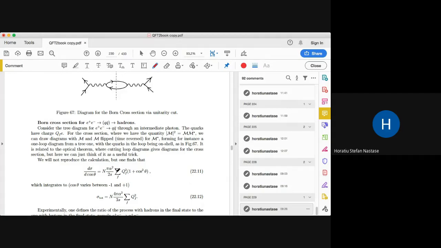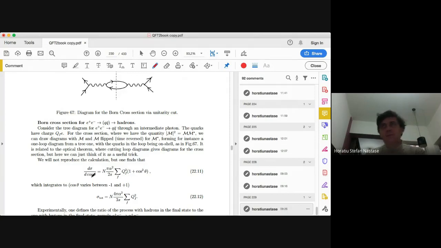The result is that the differential cross section d sigma over d cos theta, which relativistically corresponds to d sigma over dt, the Mandelstam parameter t, but physically is with respect to cos theta, where theta is the angle between the initial and final particles, is proportional to alpha squared.